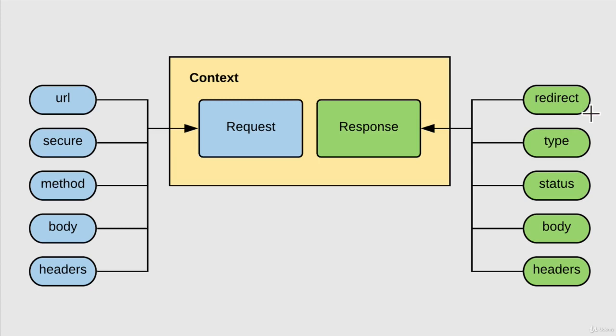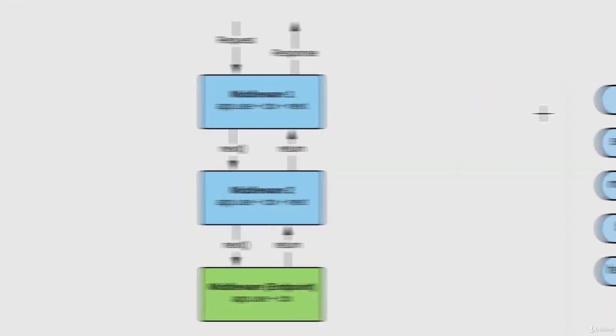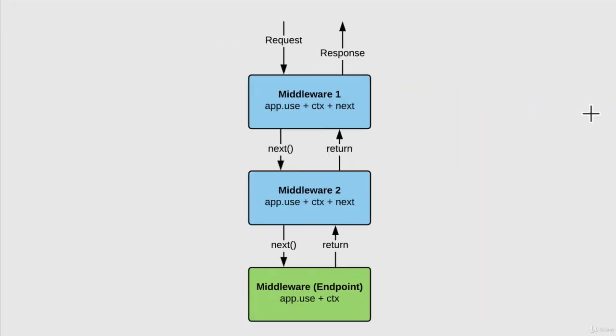Okay, so now that we've had a taste of what the context object contains, let's look at that next function for a second. And let's look at the flow of our middleware. You see, our middleware starts executing when a request comes into our API. It hits the first middleware, the one that was registered at the top, and we can see that this middleware has three pieces.